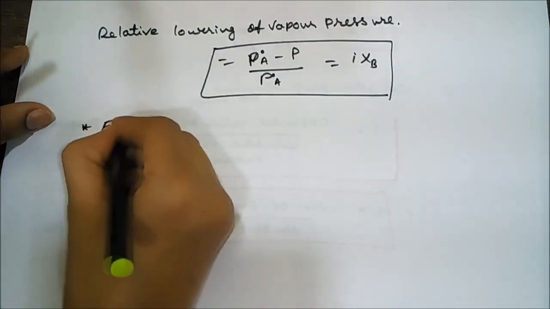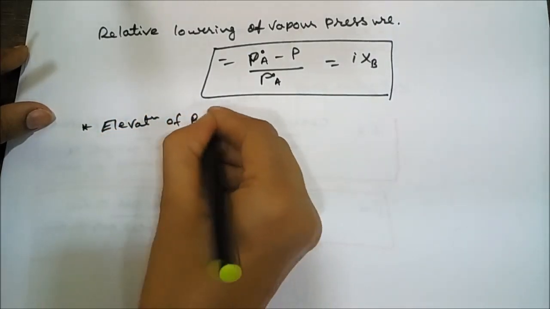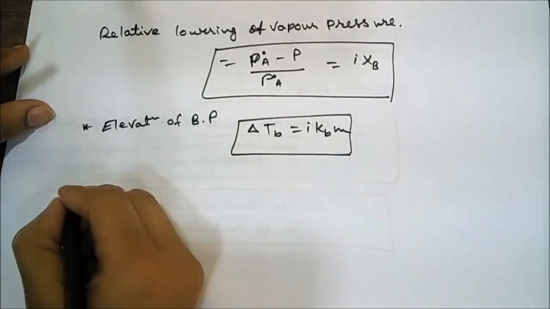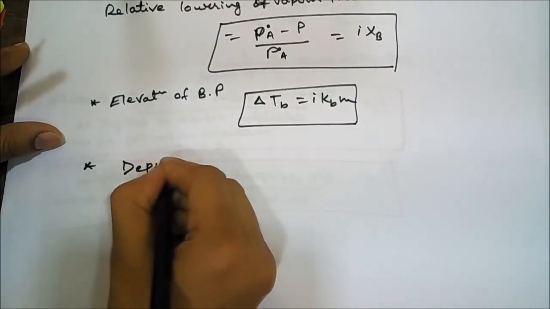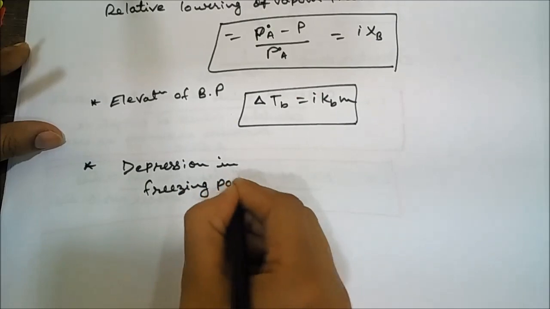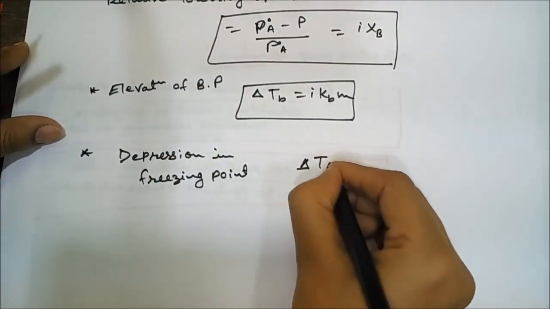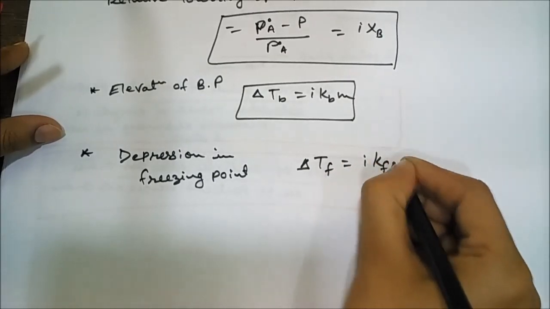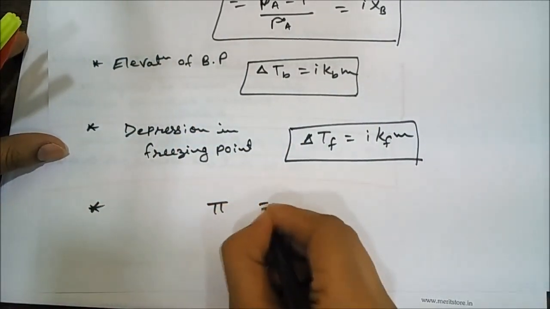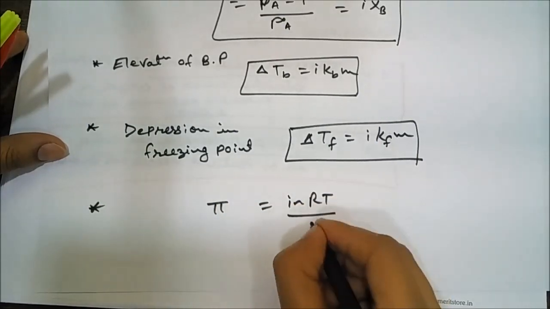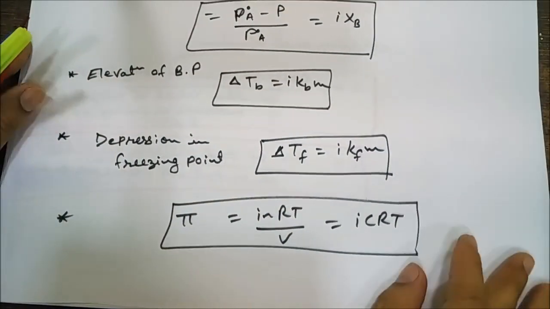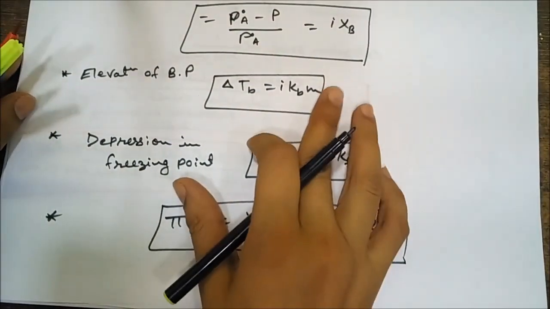And for elevation of boiling point, del T_B will be equal to i K_B m, and for depression in freezing point, del T_F is equal to i K_F m, and for osmotic pressure, pi will be equal to i n R T as we have studied earlier, or i C R T. These are the formulas of colligative properties after introducing the Van't Hoff factor.